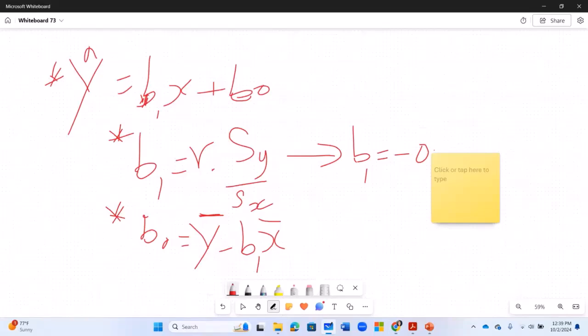All right. So b1 is negative 0.9411. That is the value. 0.9411 is what I'm supposed to be writing here.